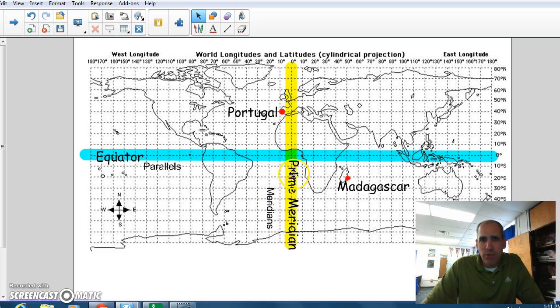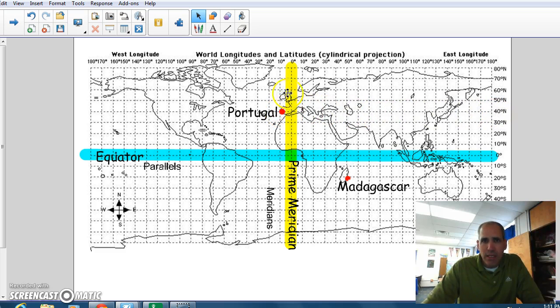Let's take a look at the next page. Here I have labeled Portugal. Portugal is a country off of this peninsula right here, off of Spain, that we were just talking about. And Portugal, we would say that it is at 40 degrees north. See, it's on the 40 degree north line, latitude line, or parallel.